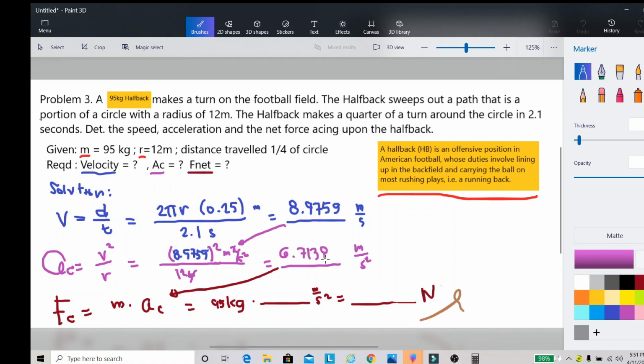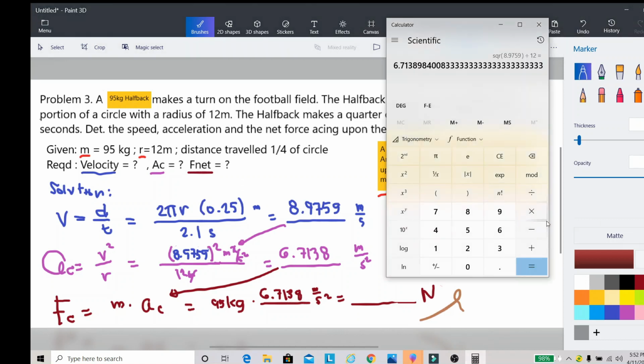And we substitute this value, 6.7138, in here, and we have to multiply that by 95.